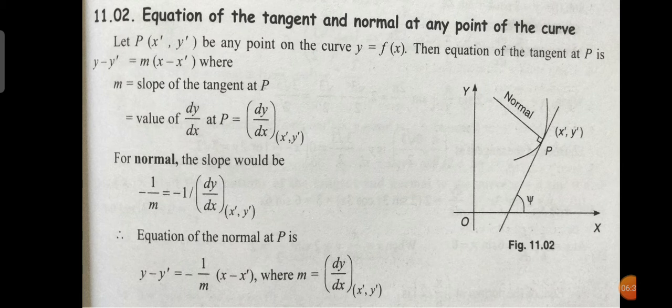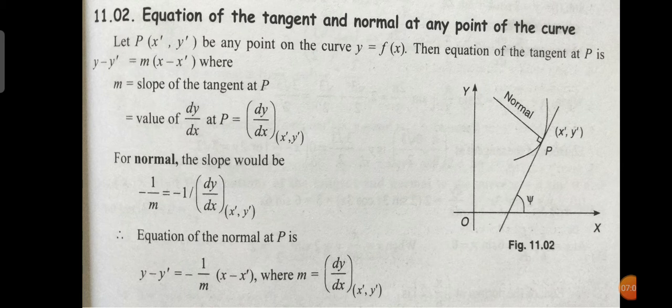And for the normal, the slope would be minus 1 by m. This was studied in the previous year, so it is just recalling. For the normal, the slope is minus 1 by m, that is, minus 1 by dy by dx at x dash, y dash. So the equation of the normal at P is y minus y dash is equal to minus 1 by m into x minus x dash.